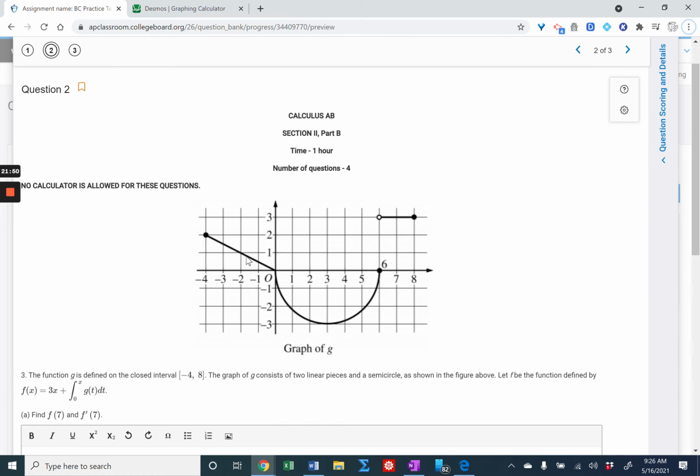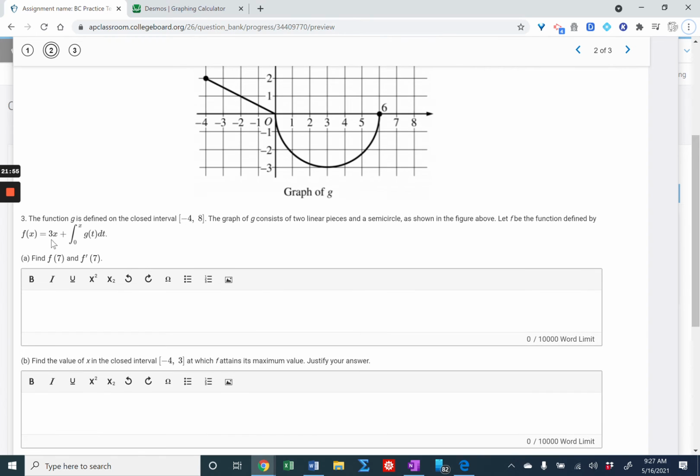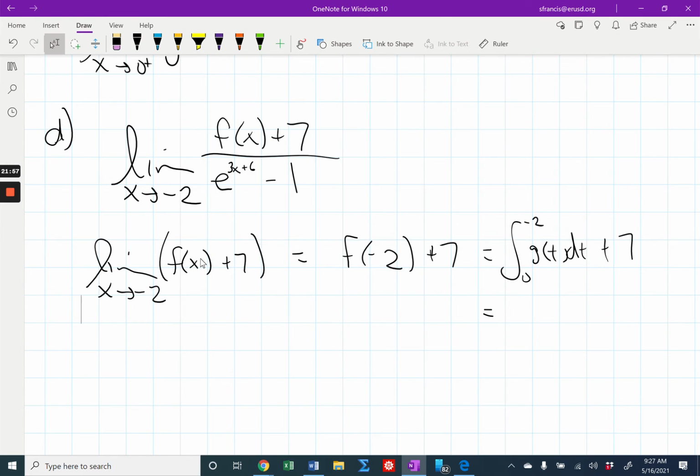Something seems a little bit off here, and I don't know where. Oh, because I forgot the 3 times x part. I know I copied something down wrong. Plus 7 equals 3 times -2 plus, let's squeeze that in there. So this is going to be -6, minus 1, because the area of that little triangle is 1, but because the limits of integration are reversed, we have to make it the opposite. So that comes out to be 0.